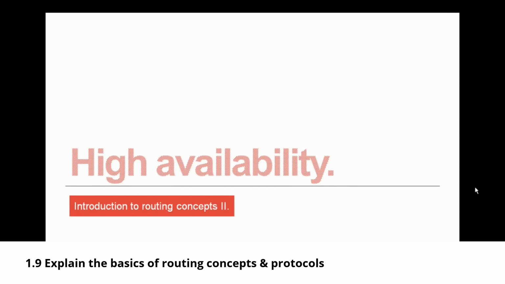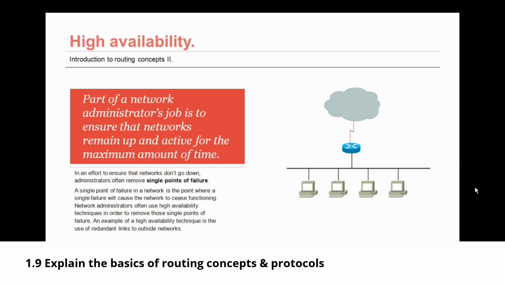Let's conclude with a discussion on high availability. Part of a network administrator's job is to ensure that networks remain up and active for the maximum amount of time. In an effort to ensure that networks don't go down, administrators often remove single points of failure. A single point of failure in a network is the point where a single failure will cause the network to cease functioning.